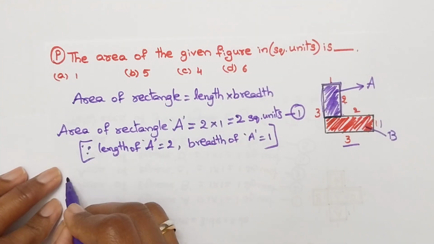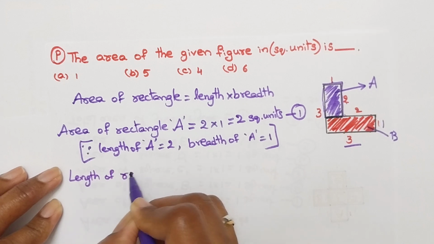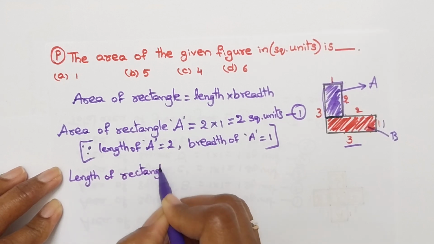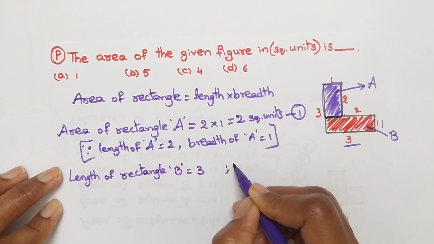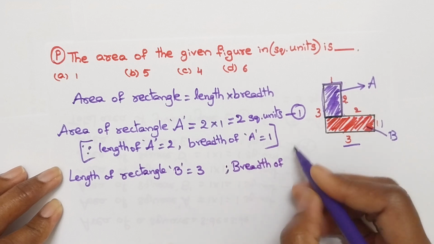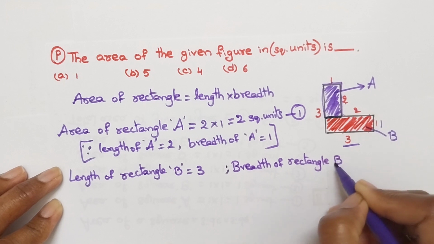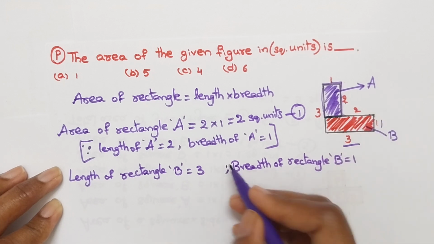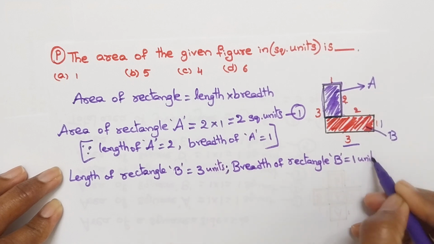So length of rectangle B equals 3 and breadth of rectangle B equals 1 unit.